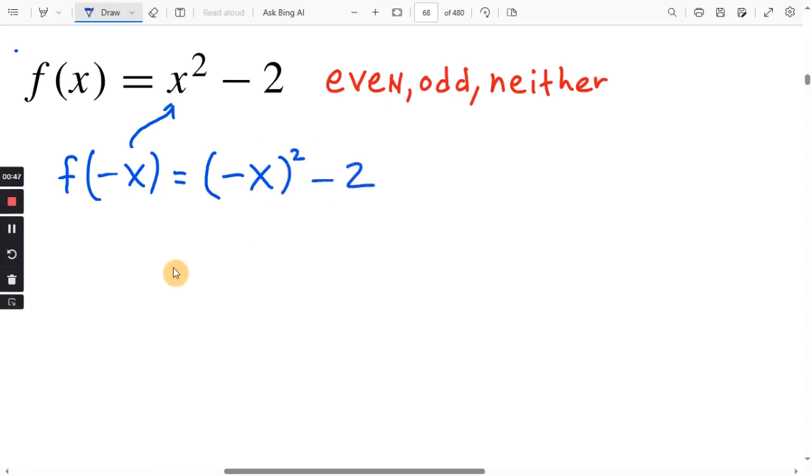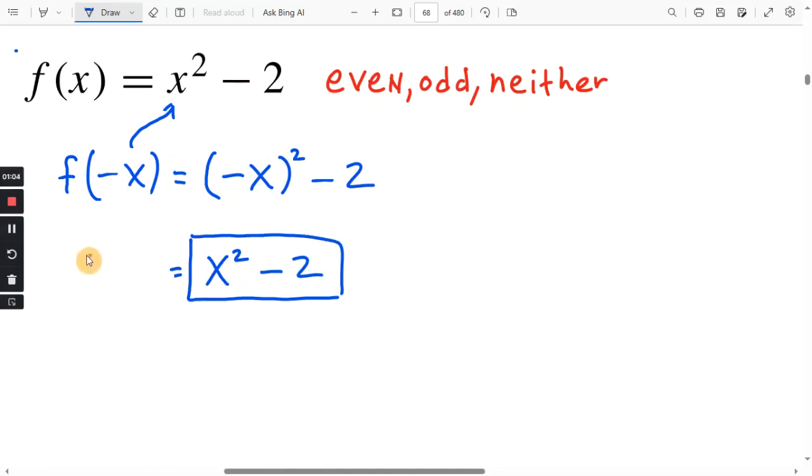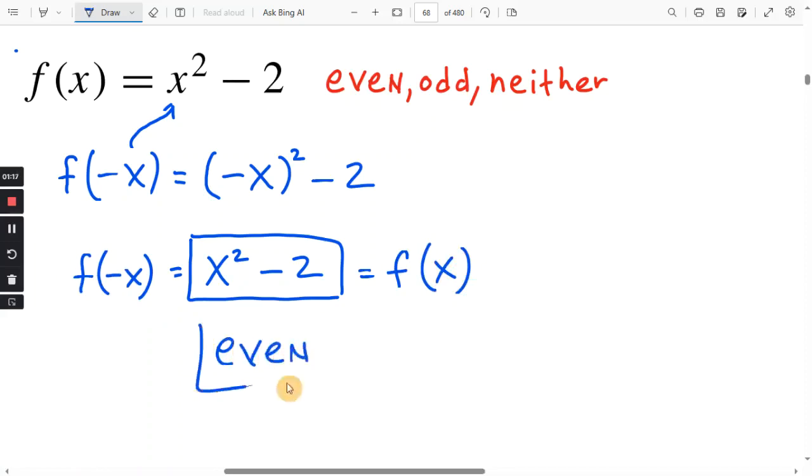And when you square negative x, it becomes positive, and it's just x squared, and that's minus 2. So that is the same as the original. So f of negative x is the same as f of x. And we said if it returns the original, that means it's even.